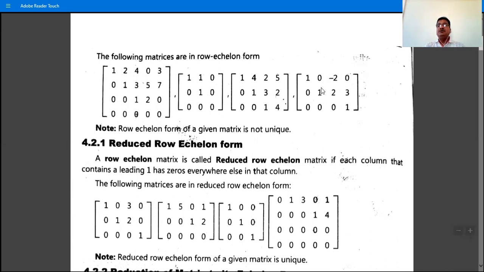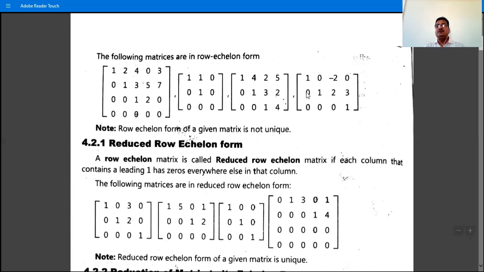Similarly, if you observe the last matrix, this is also a matrix in row echelon form. Why? Because there is no zero row, all three rows are non-zero rows. And in each row the first non-zero element is 1, and that is the leading one.